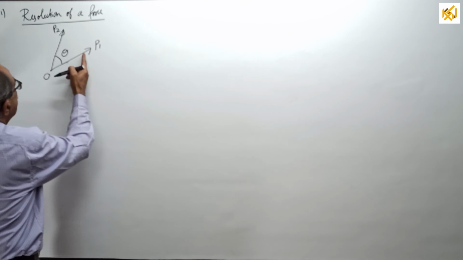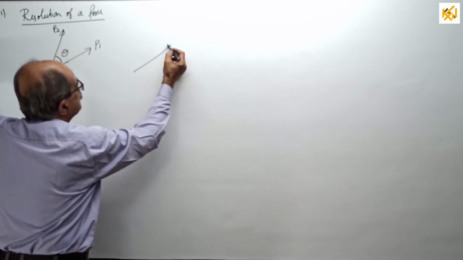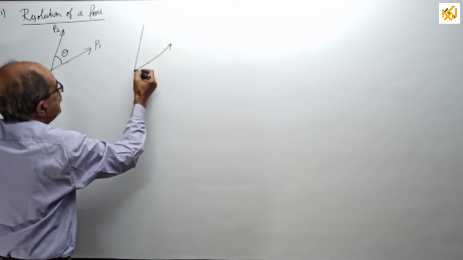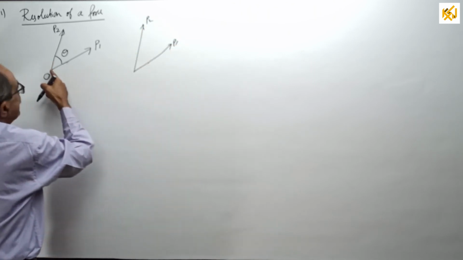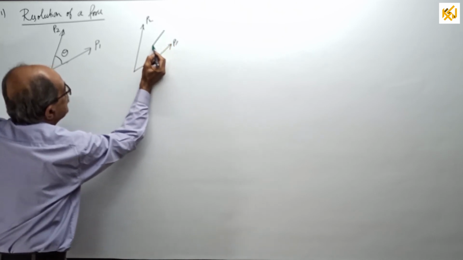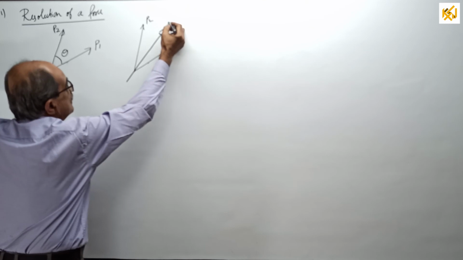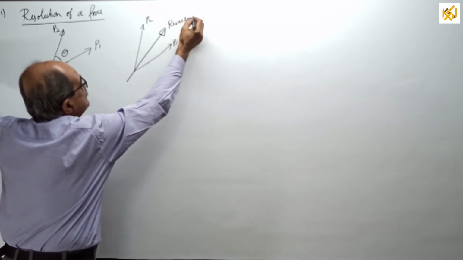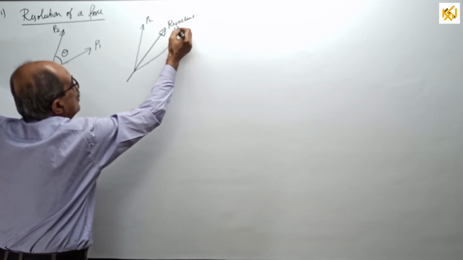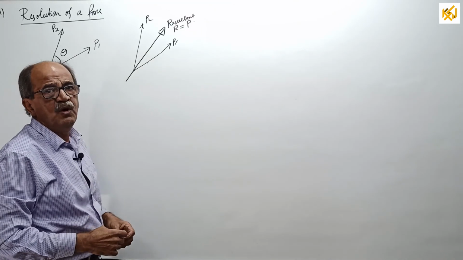Now, for these two forces, see, this is a force P1, this is a force P2. The resultant will be something like this. This you know. This is a resultant force. I will call the resultant R, or say simply P. Instead of R, I will call it P.